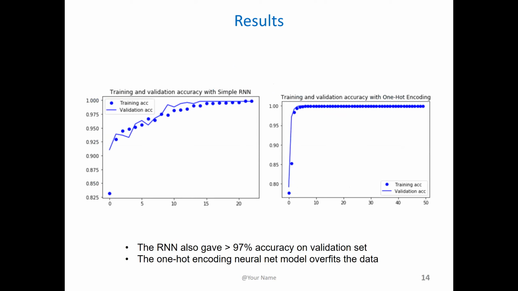In the simple RNN, it's the same story. In fact, the validation accuracy is slightly higher than the training accuracy, or they're very similar to each other. It's a little weird in the one-hot encoding, where the word embedding was not used.